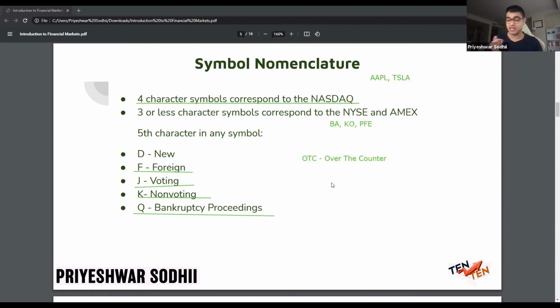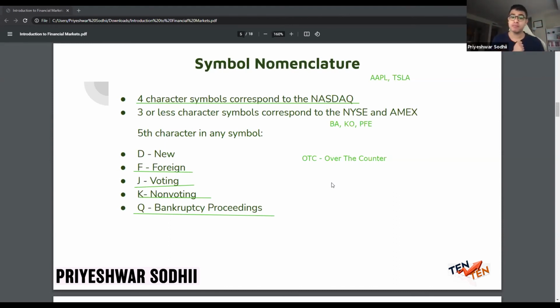There are pink sheets, there are blue sheets, there are different kinds of lists under the OTC market that categorize them from good to worst. Everything on the OTC market is further categorized in different lists, where they are popular, they're not popular, or they're not good, or they have no information.